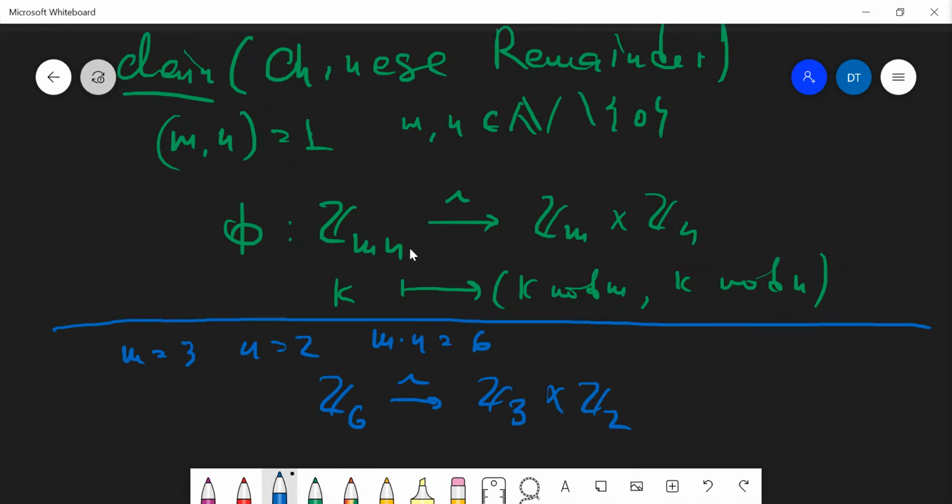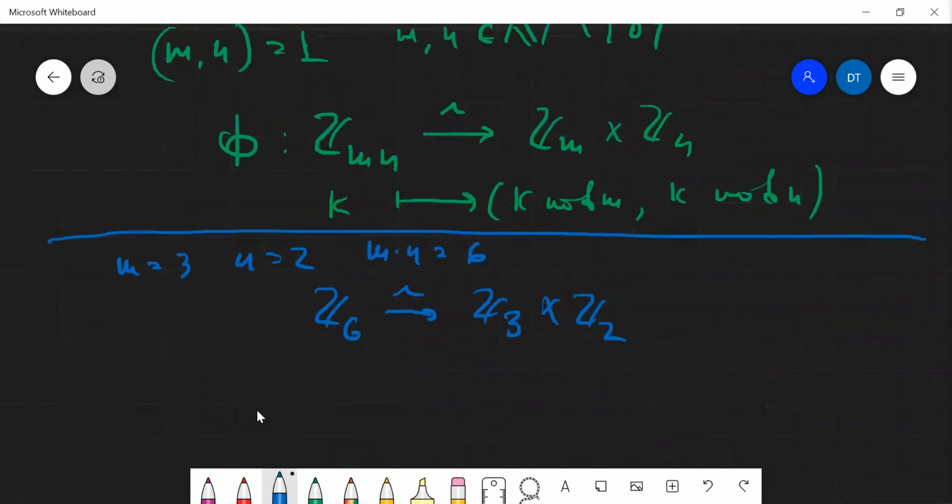So MN is just a new number, which is the product of M and N. Yeah, it's clear now. Thank you. And this map is given by the formula K goes to (K mod M, K mod N). You just reduce the remainder modulo the corresponding number and you will get the map.